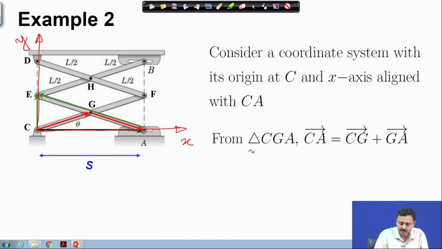Now, from this triangle CGA, CA you can easily read out, CA is equal to the vector CG plus vector GA.